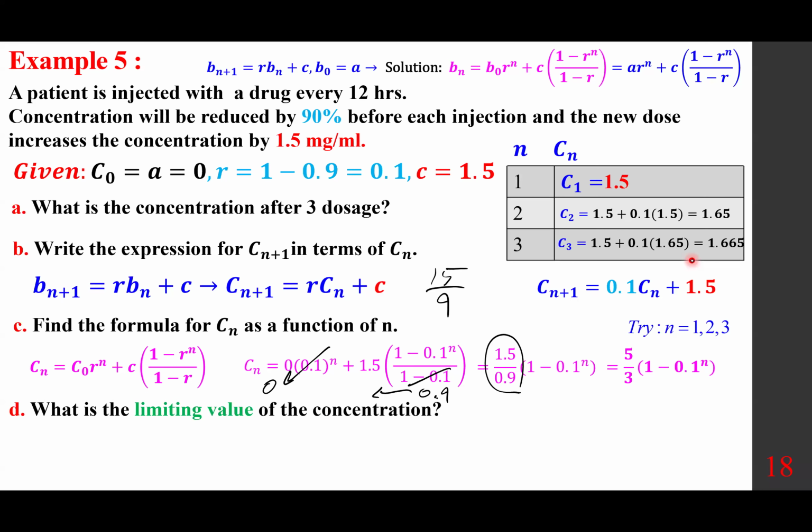And eventually, we want to find the limit. So we want to find the limit of this expression, everybody, as n goes to infinity.